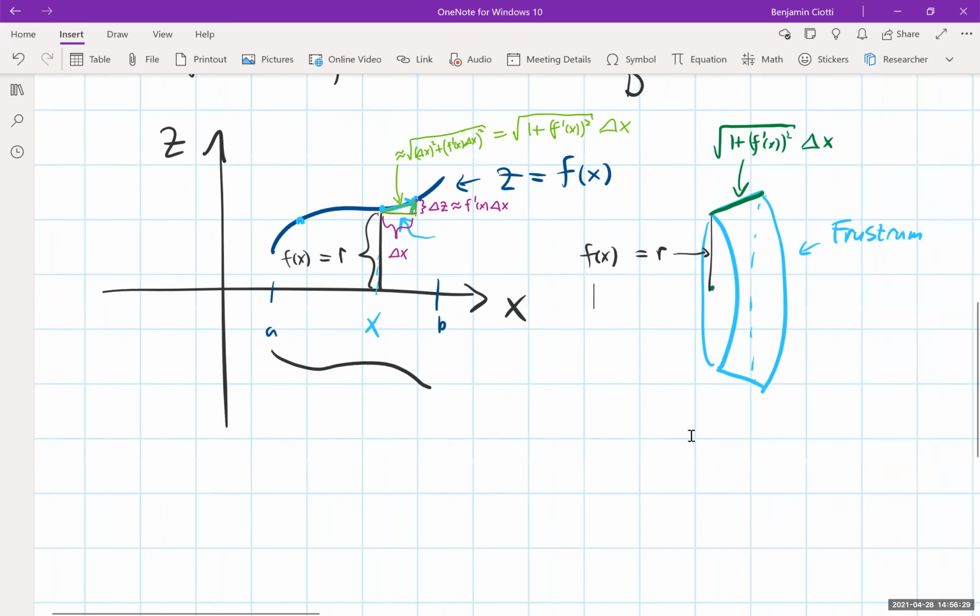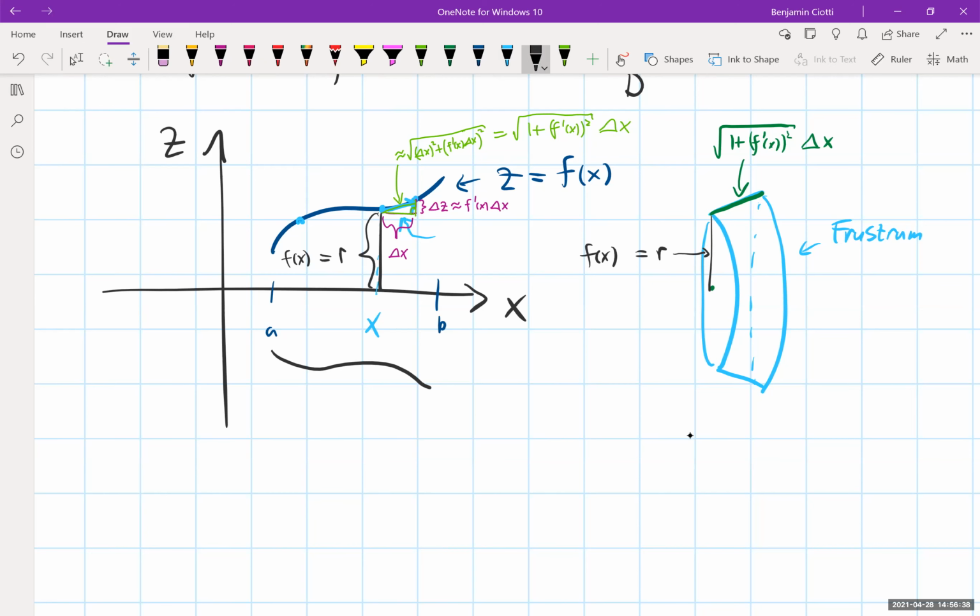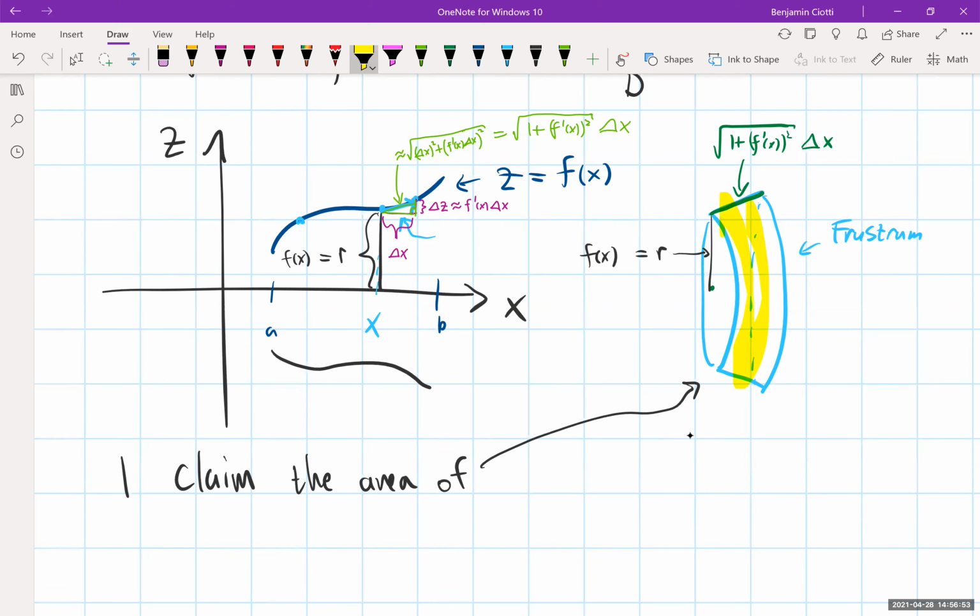Okay, so there's a little bit of work that I'm kind of skipping over, which is justifying the following. I claim the surface area of this frustrum is approximately 2 pi times the radius times the length.